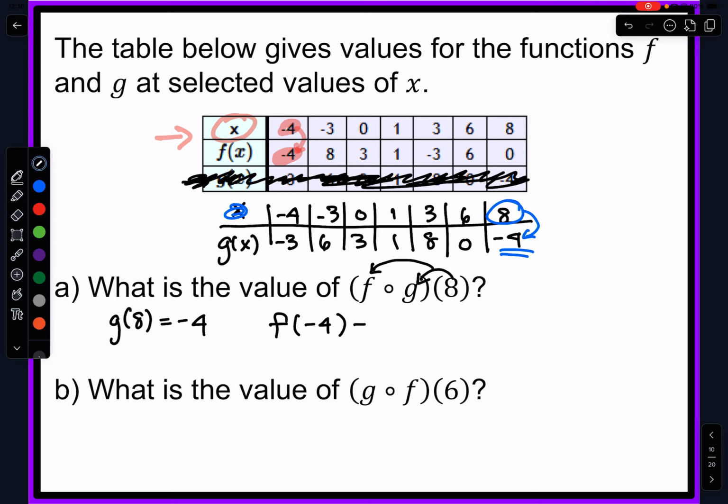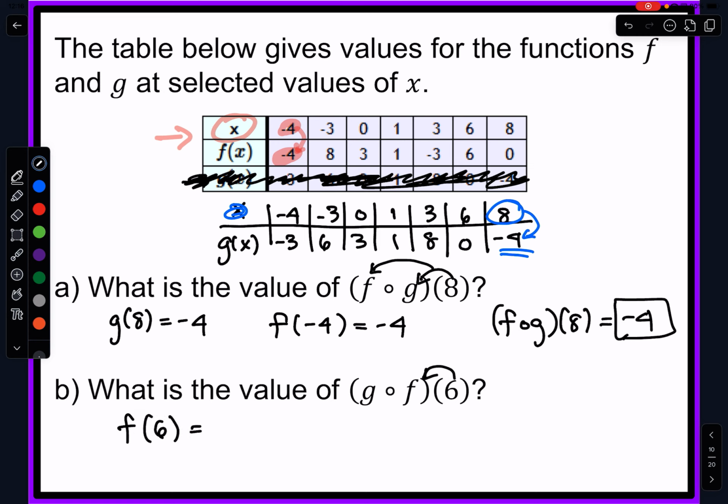So f of -4 equals -4. So that means that the fog of 8 equals -4.